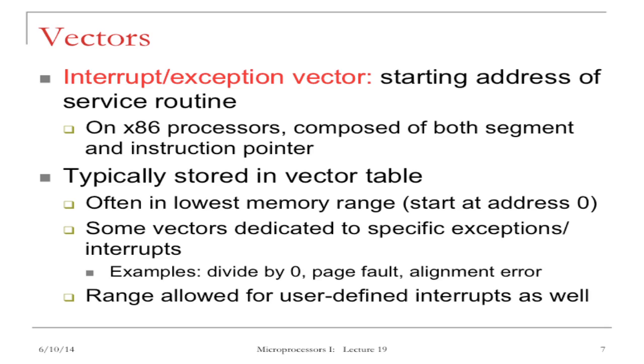In x86, this table is in low memory range, starts at address 0. There are some vectors dedicated to specific exceptions and interrupts. For example, division by 0, page fault, alignment error. So all these vectors are fixed.